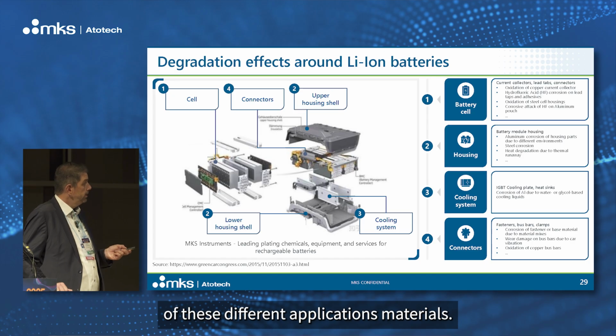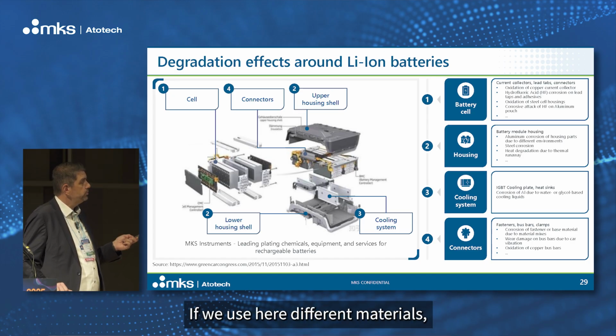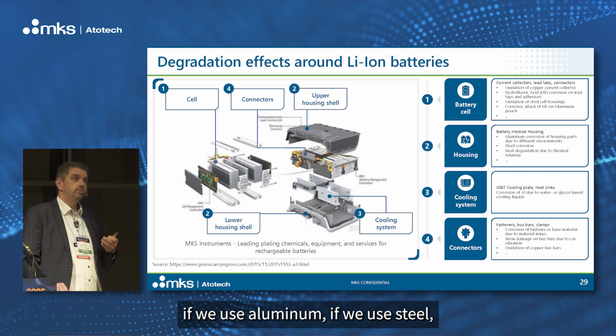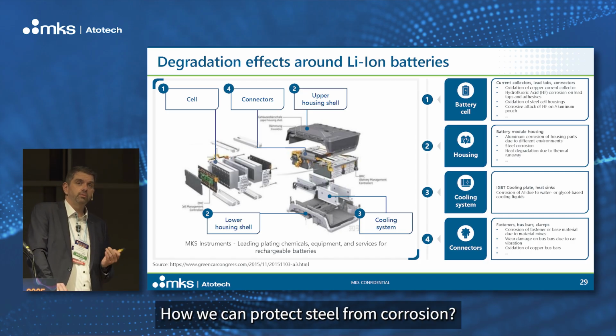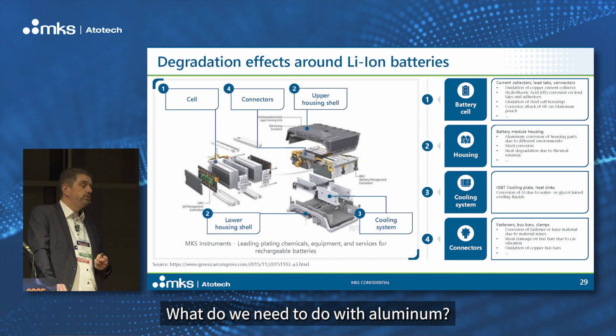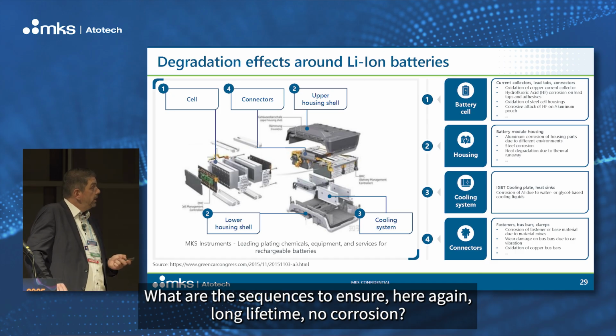We also looked at the housings: if we use different materials, aluminum or steel, what can we do to protect steel from corrosion, and what we need to do with aluminum, to ensure a long lifetime and no corrosion.